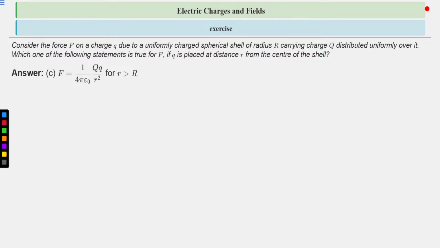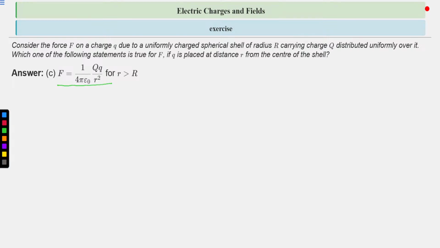So the correct answer is C. F equal to 1 by 4 pi epsilon naught Q q by r square for r greater than R, meaning for an outside point the force is given by this expression.